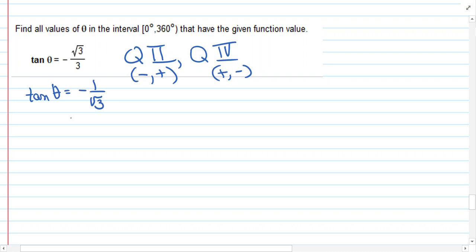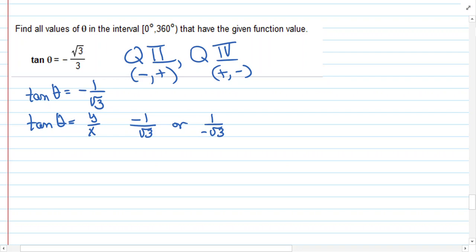So we know that the tangent of theta equals y over x. So we could have a -1 over a -3 or a +1 over a -3.